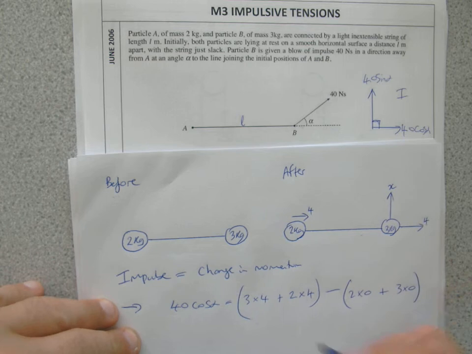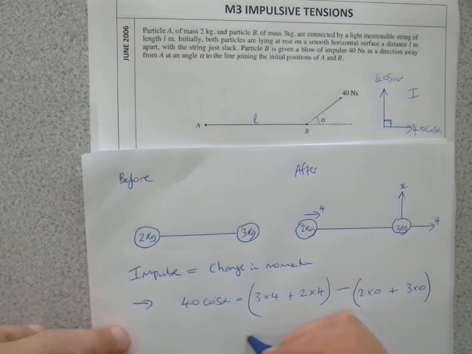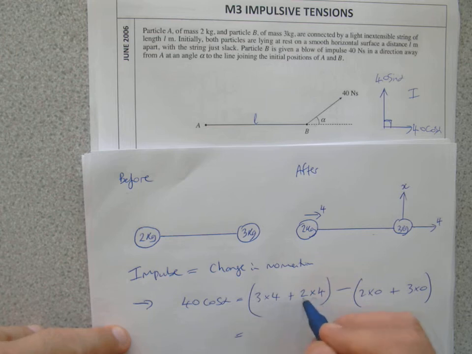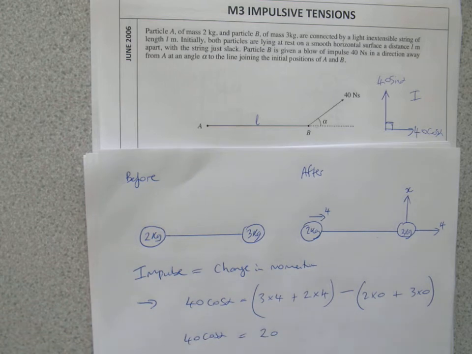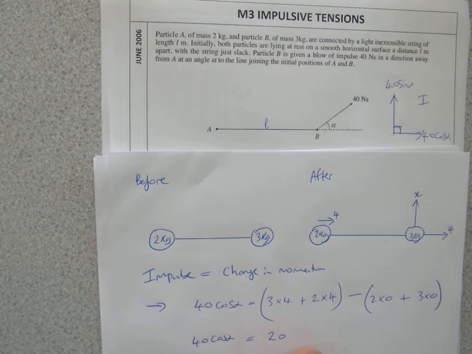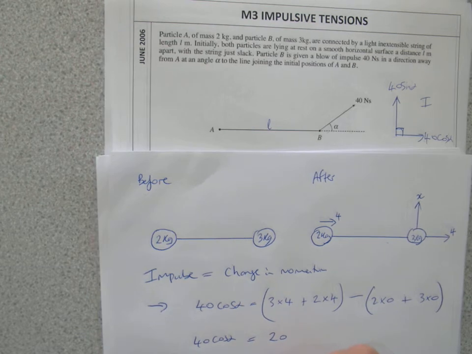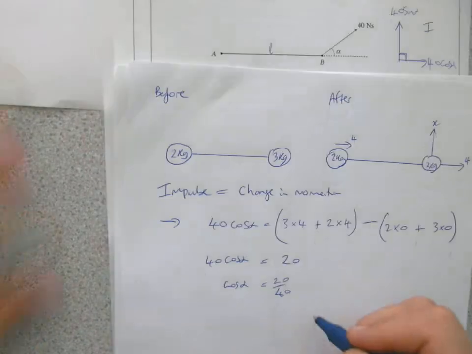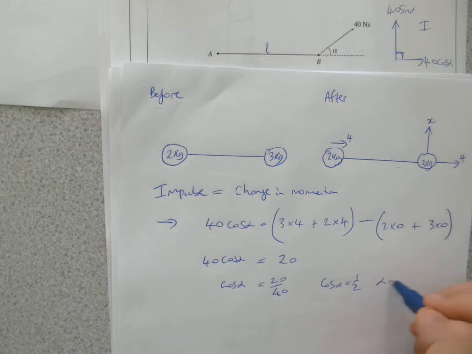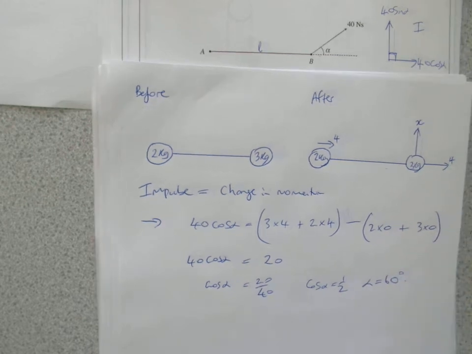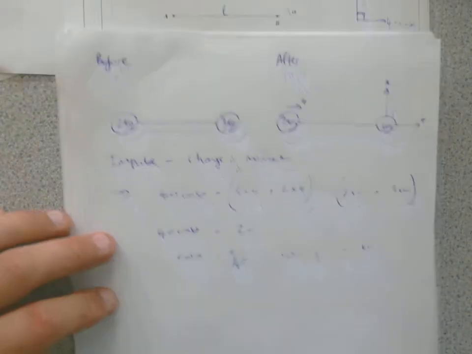So this becomes 12 plus 8 is 20, equals 40 cos alpha. Then cos alpha equals 20 over 40, which means cos alpha is a half, and then cos minus 1 gives 60 degrees. So we know what alpha is.